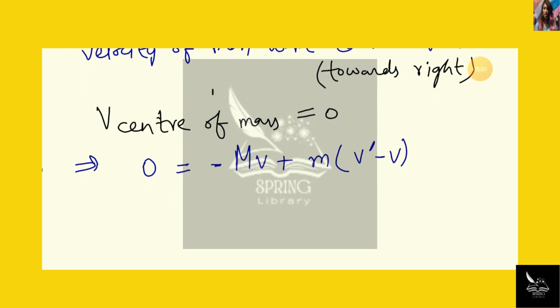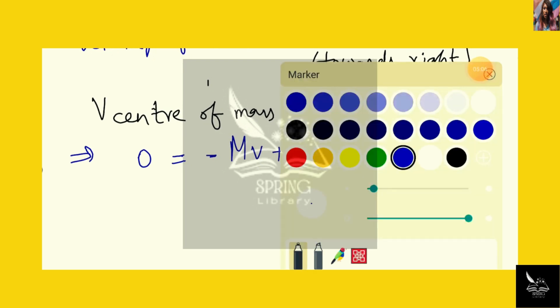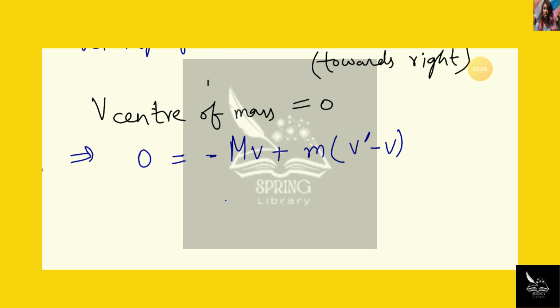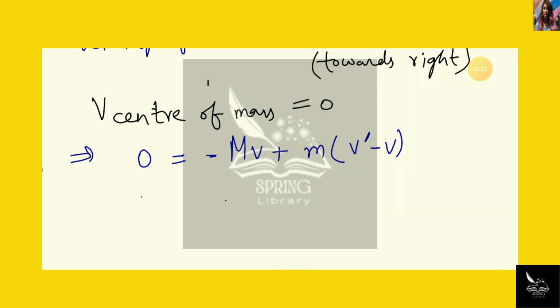So here I have used the law of conservation of momentum, so the result is 0 equals minus capital M multiplied by v plus small m multiplied by parenthesis of v dash minus v. Now simplify it, then it will be written as capital M multiplied by v equals small m multiplied by parenthesis of v dash minus v.